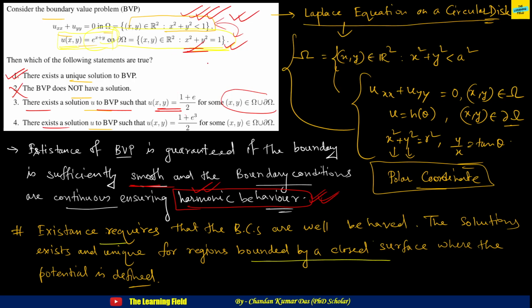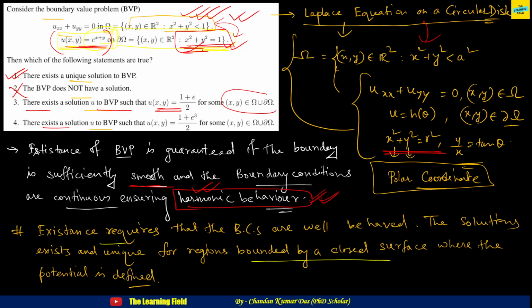So if it shows harmonic behavior, we can say that the maximum value of these functions happens at the boundary. Since this is a boundary value problem of the Laplace equation with a circular disc, we can consider x square equal to r square, these types of things, to find the maximum value of this function, and this happens on the boundary.